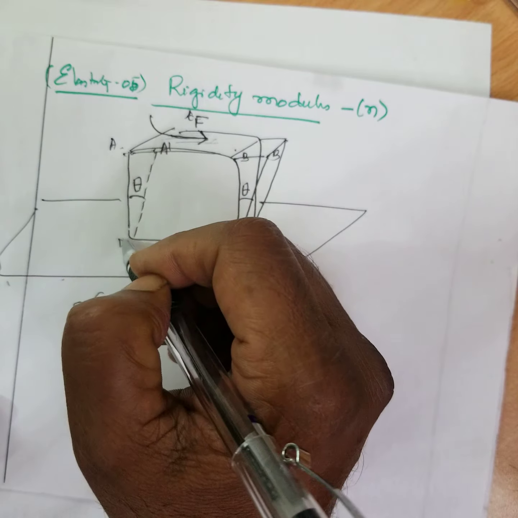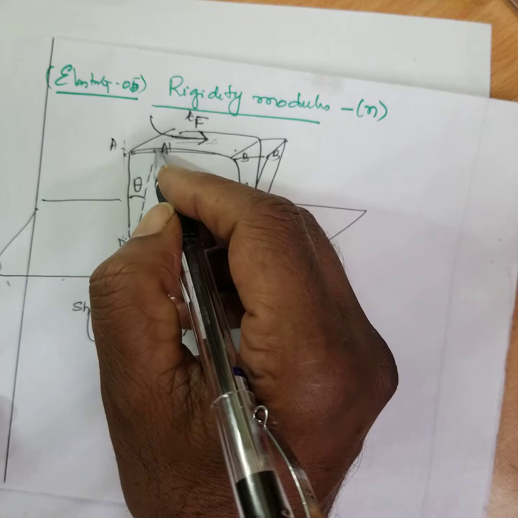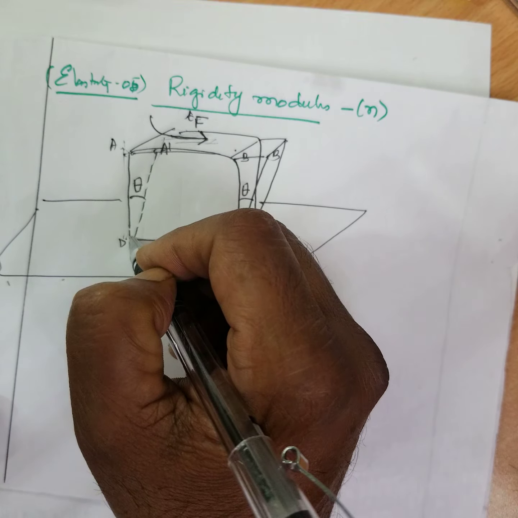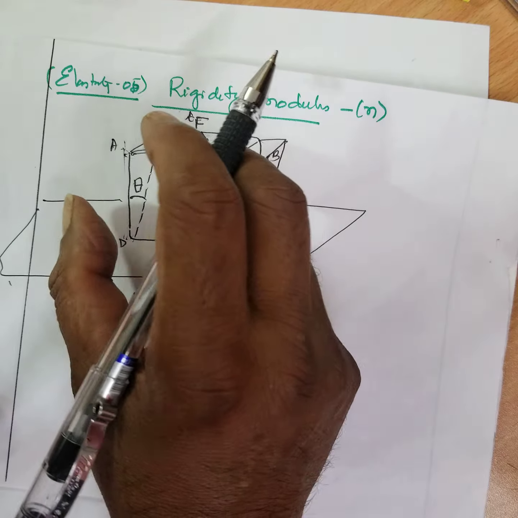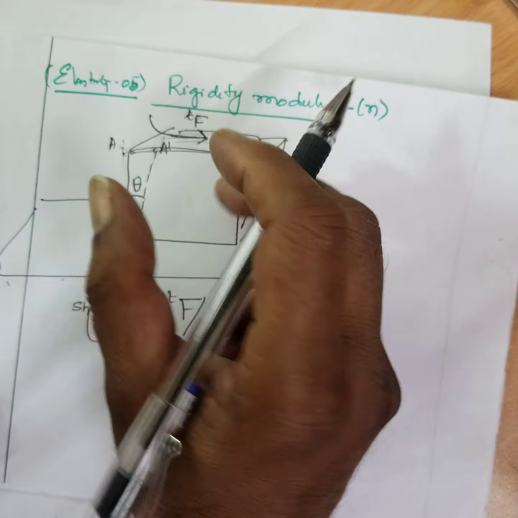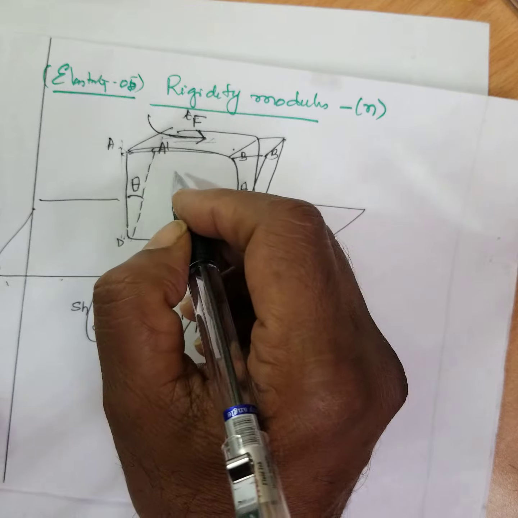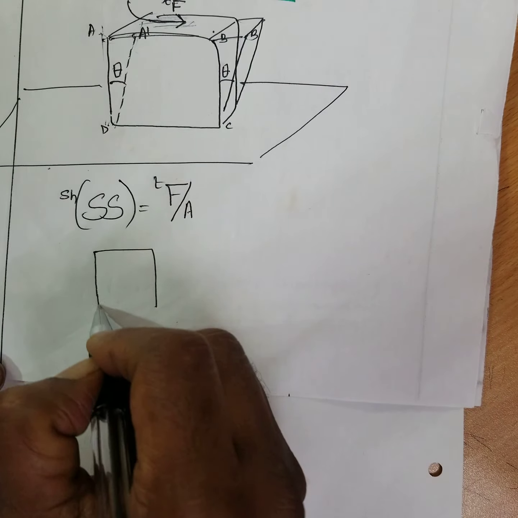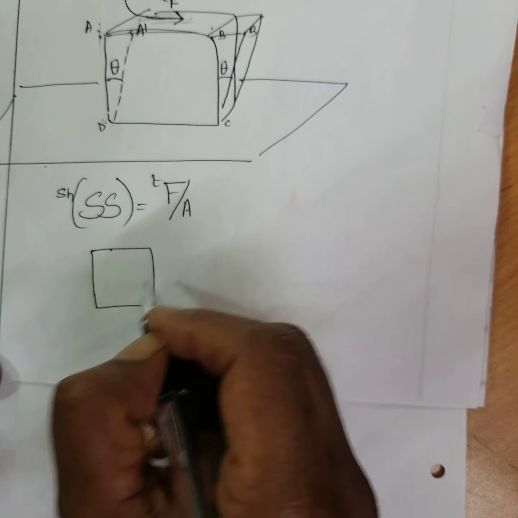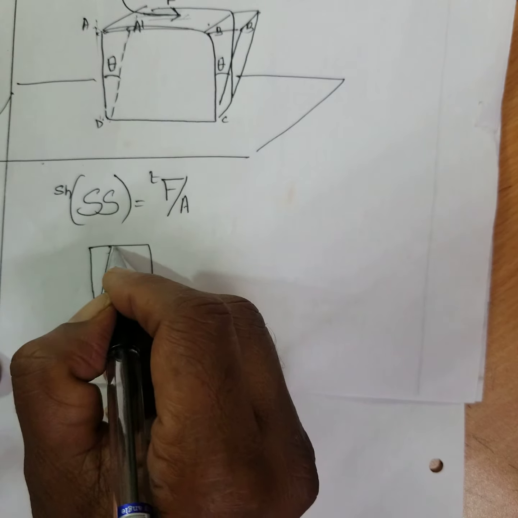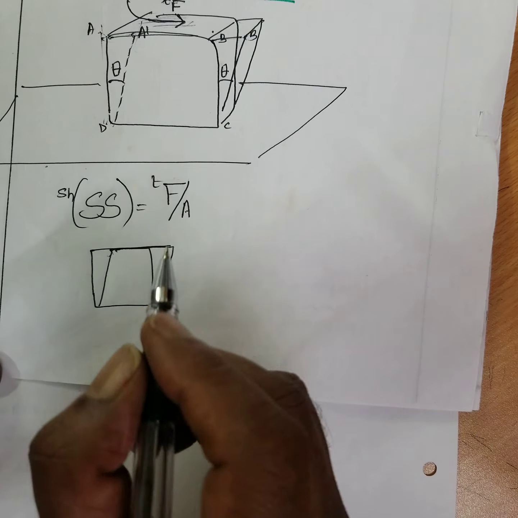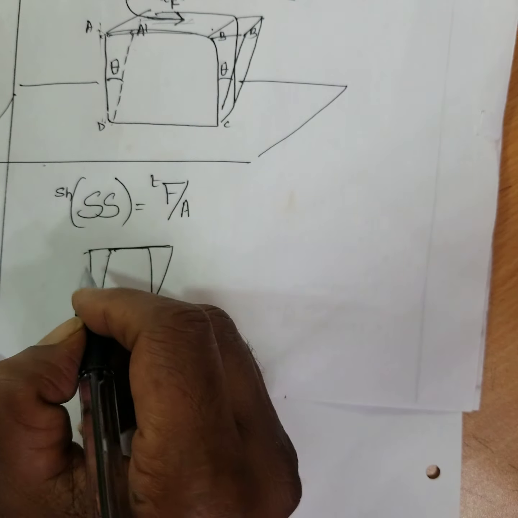The vertical side AB deflects through A dash D. As a result of the stress, the book undergoes deformation. Previously it was a rectangle; now it has changed to a parallelogram.